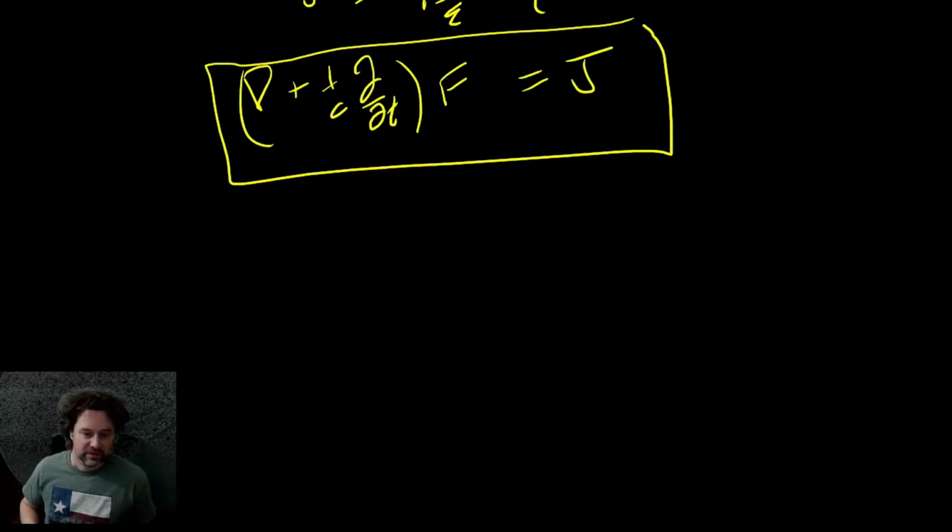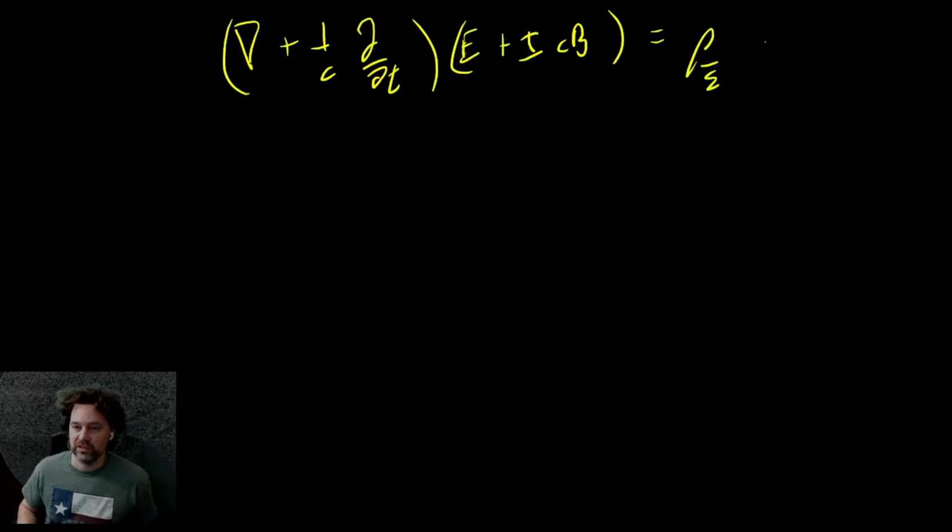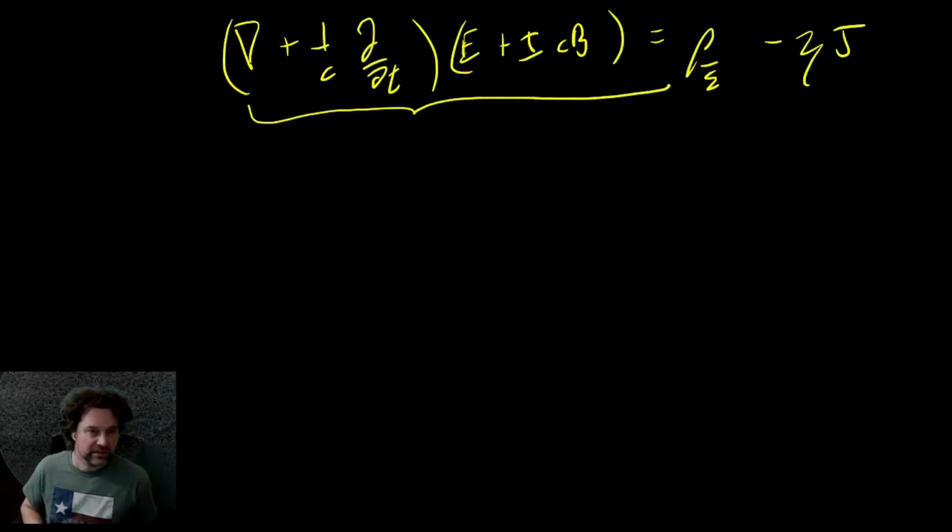And so if we want to verify that grad plus 1 over c d/dt of E plus ICB is rho over epsilon minus eta J. All right, so let's expand out the left-hand side.